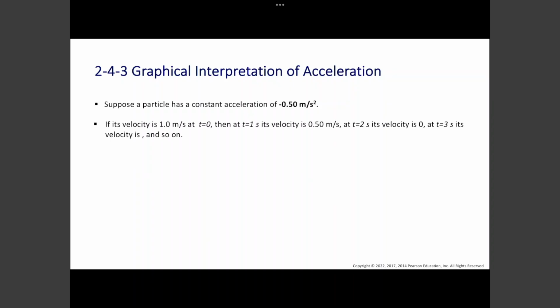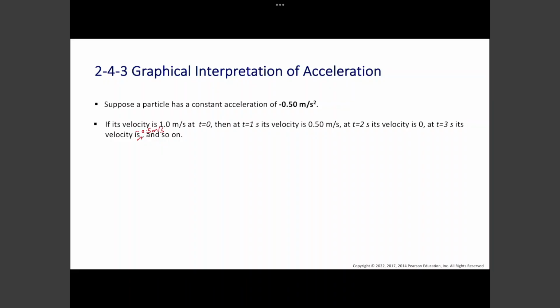So if its velocity is 1 meter per second at t equals 0, then at t equals 1, its velocity is 0.5 meters per second. Next, at t equals 2, its velocity becomes 0, and then at t equals 3, its velocity is minus 0.5 meters per second, and so on.